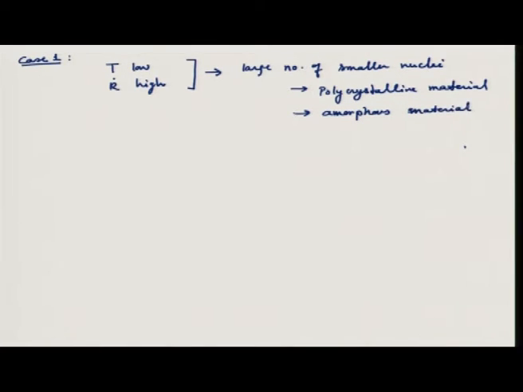Now, when an atom arrives at a surface, it will try to find a suitable site where it gets adsorbed to reduce its energy. And the best case would be when it finds a site which belongs to its unit cell, because the unit cell has the minimum energy for that.